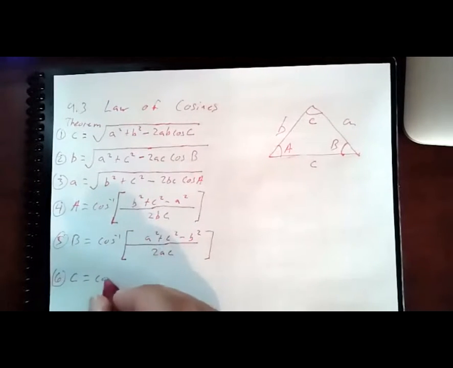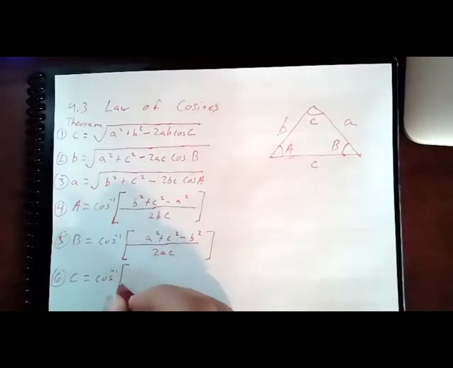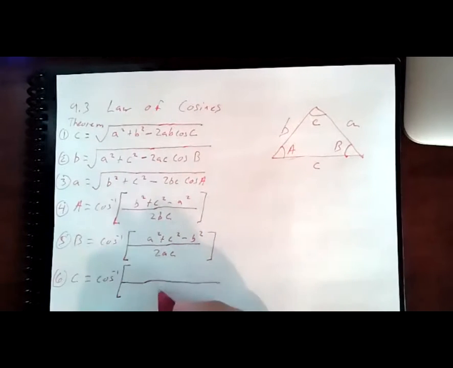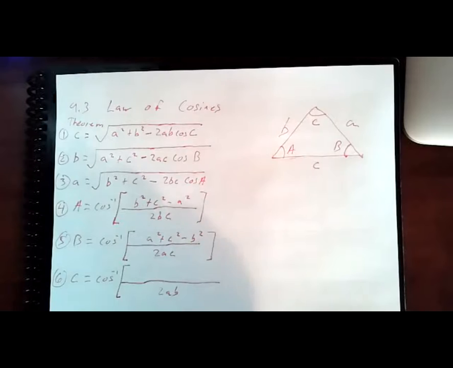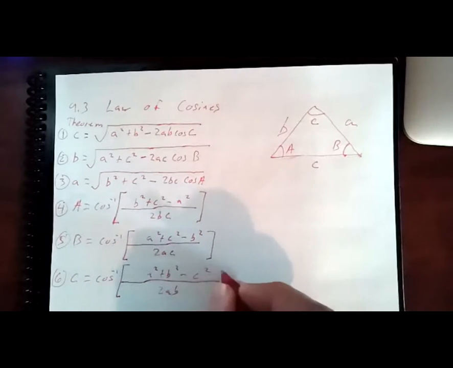Capital C will equal cosine inverse of, let's see, 2ab on the bottom, and the top will be a squared plus b squared minus c squared.